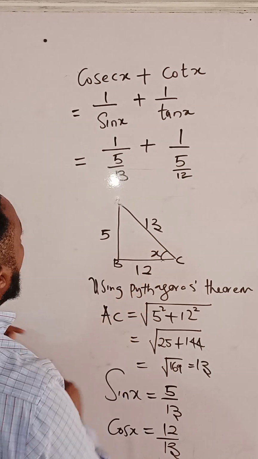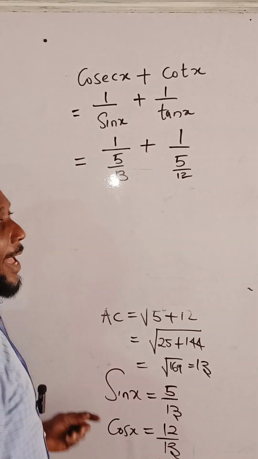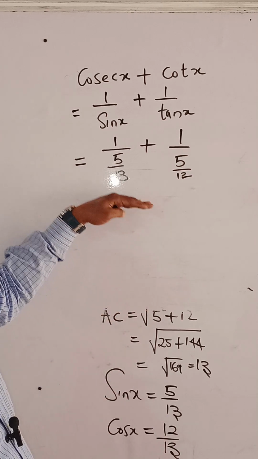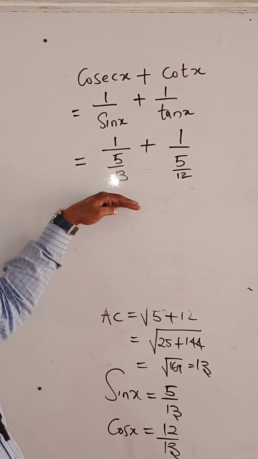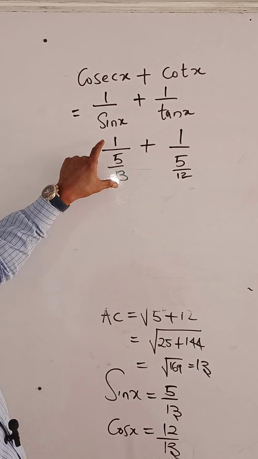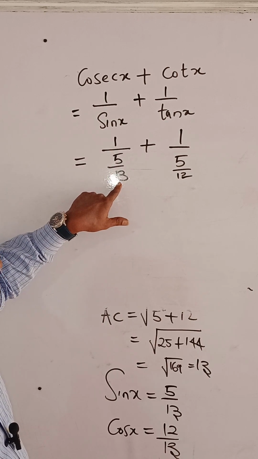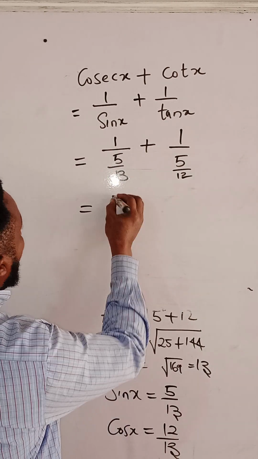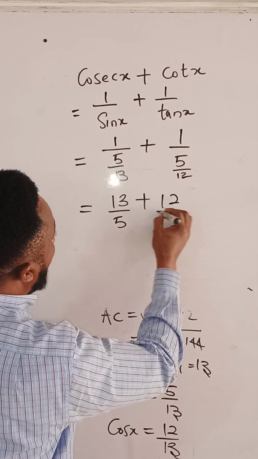At the end of the day, for those of you who are following us, if I just say the inverse is 13 over 5, you may not understand. So if you take the inverse of a fraction, the fraction will reciprocate. So that becomes 13 all over 5 plus 12 all over 5.